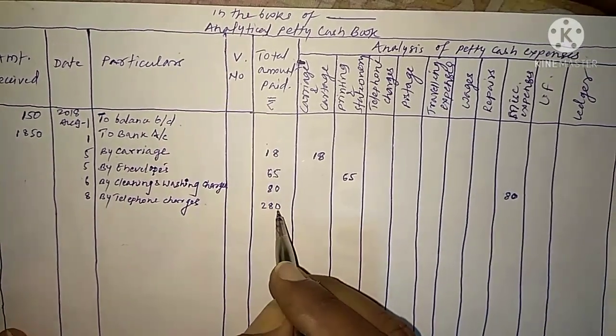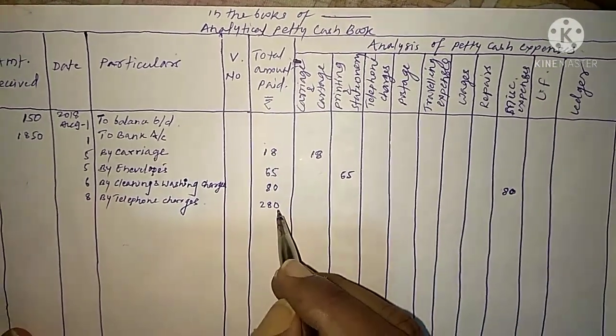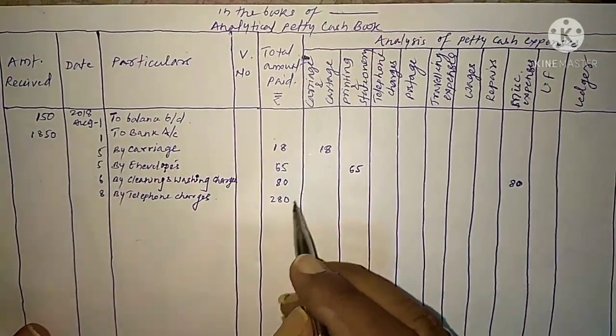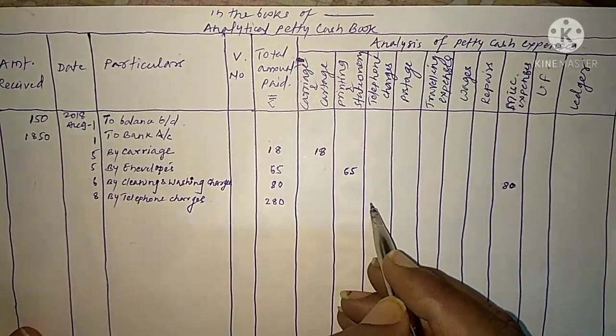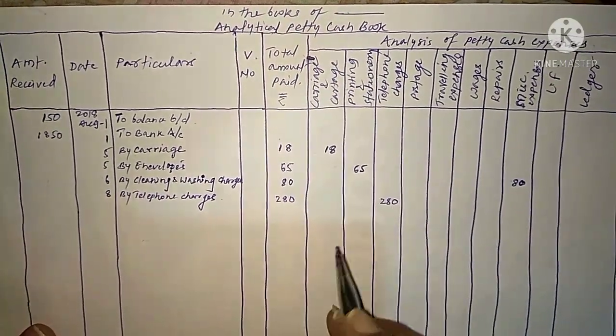And now this amount we have to transfer to the accounting head, that is the telephone charges. This 280 will transfer to their respective accounting head, 280 rupees.